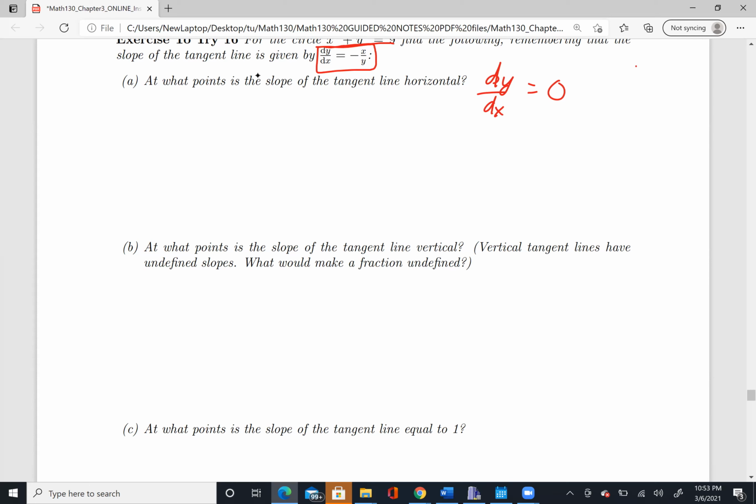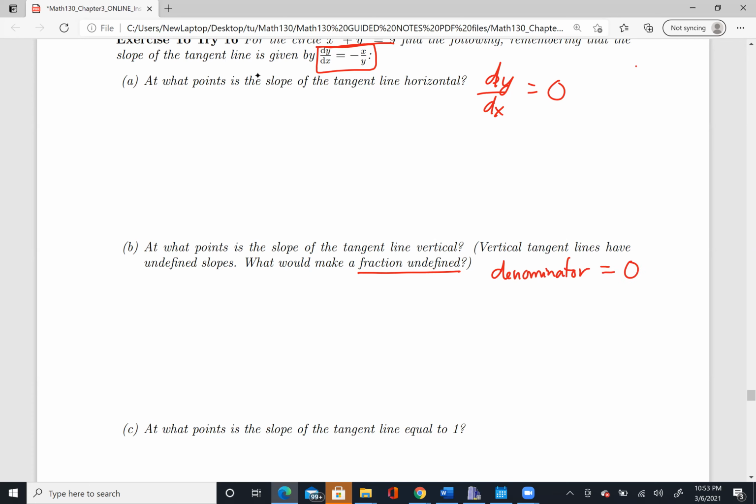would make the fraction undefined, and when a fraction is undefined, the bottom, the denominator, has to be equal to 0. So the denominator has to be equal to 0.